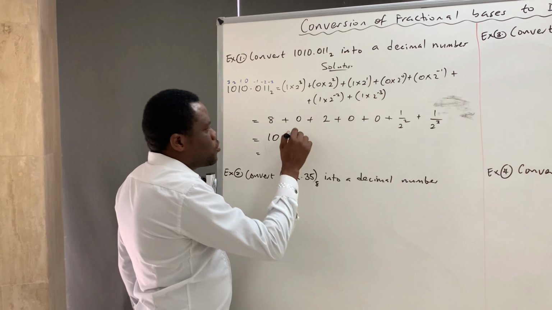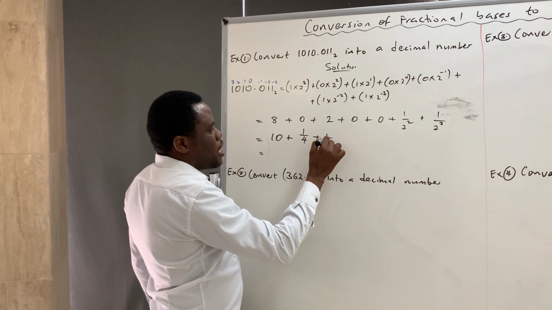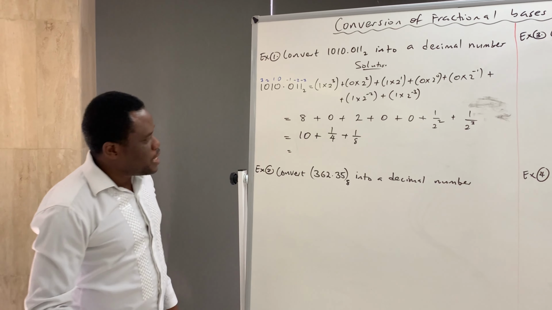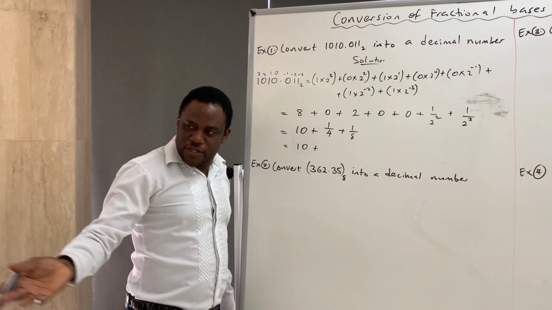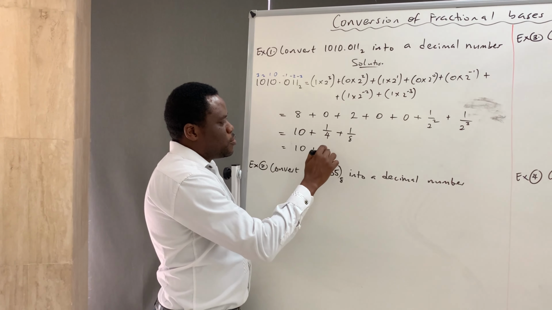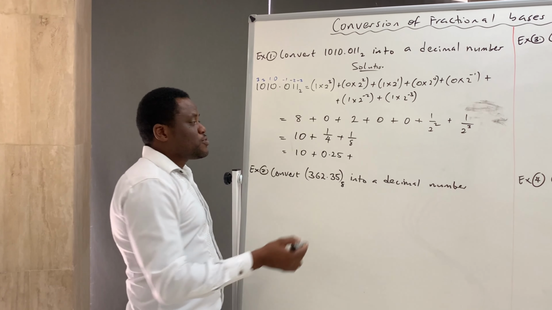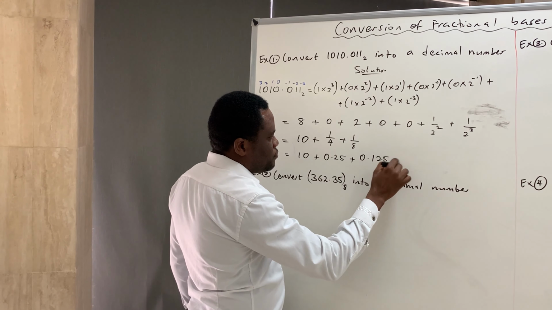Plus, this is 1 out of 4. This is 1 out of 8. Of course, you know that 2 to the power of 3 is 8, right? So this is 10 plus 1. You can use a calculator now. 1 divided by 4 will give us what? 0.25. 1 divided by 8 will give us 0.125.